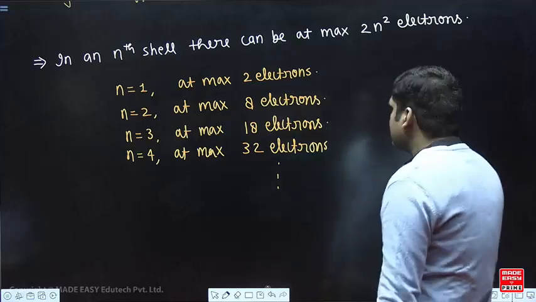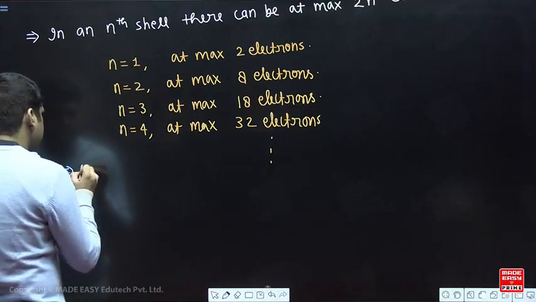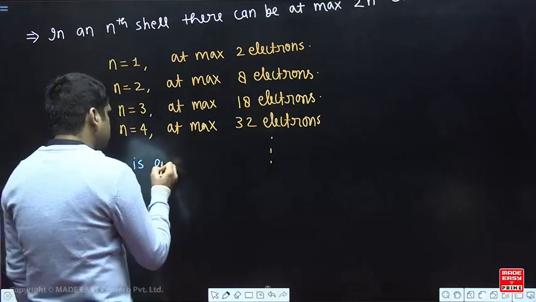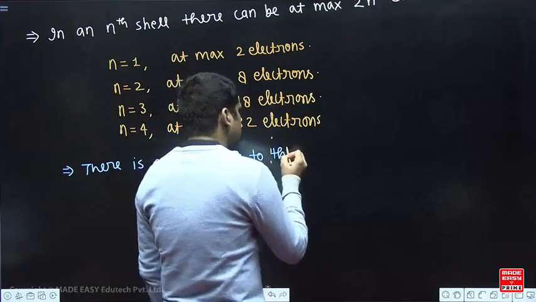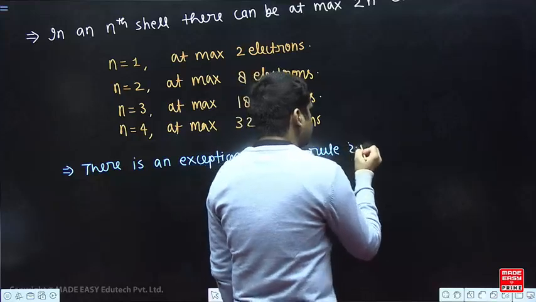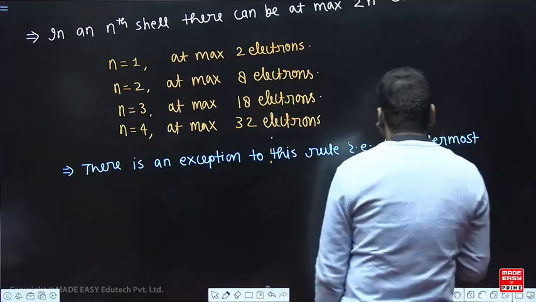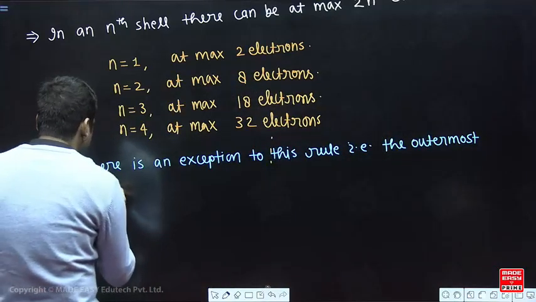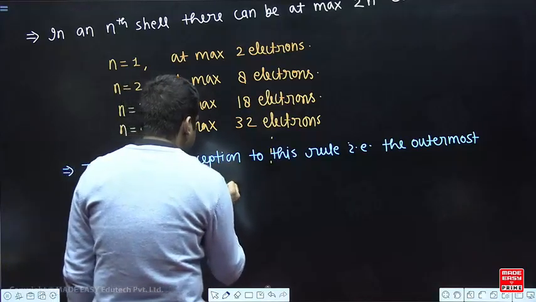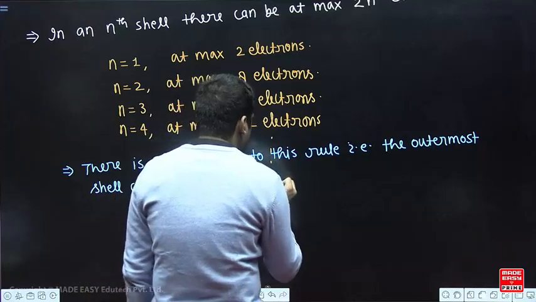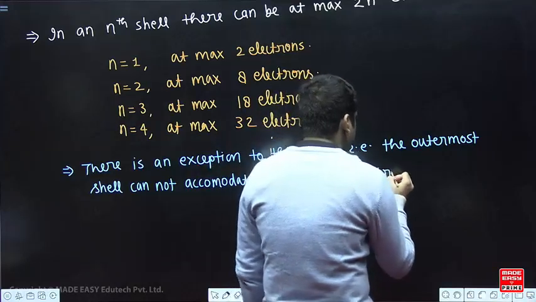So we can write it like this. There is an exception to this rule, that the outermost cell cannot accommodate more than 8 electrons.